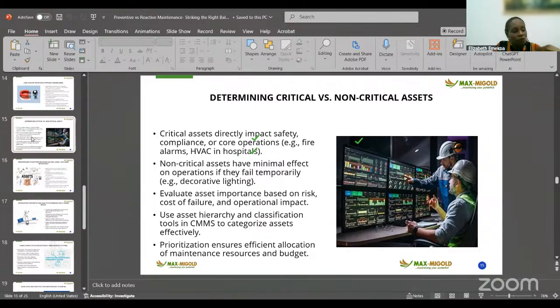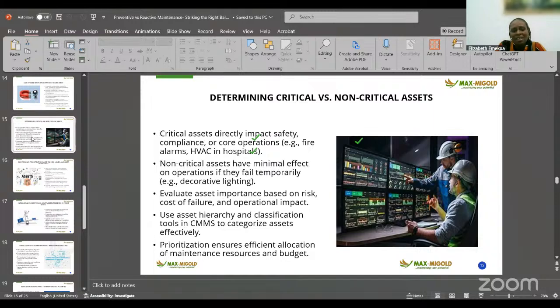Even you yourself, you enter the hospital and start using your hand to fan, saying, oh boy, because of little measures that we could take. Or you wake up one day, there's a real fire and your fire alarm is not there to inform you. Are we going to, because of our negligence, allow the entire facility to burn down? These are critical issues that we need to put measures in place for.